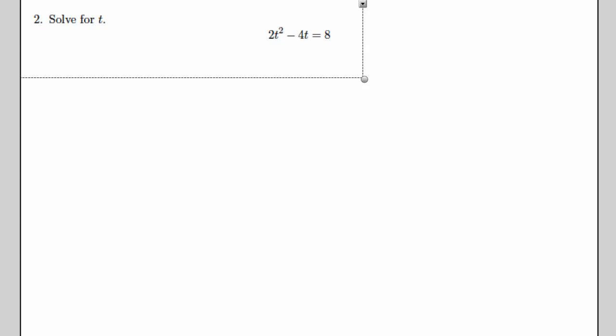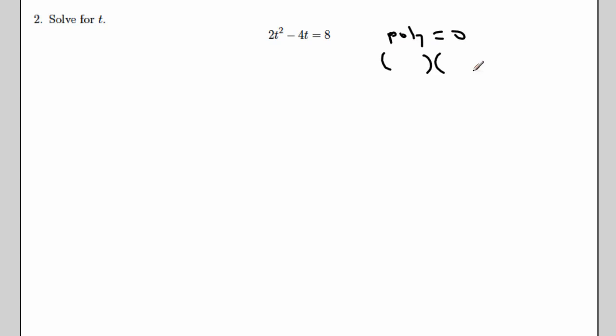So the general strategy for solving quadratic equations is really the same as the initial strategy for solving any polynomial equation. Our goal is to write the polynomial equal to 0 and then hopefully factor the polynomial into as many factors as we can, and then we can take advantage of the law of numbers that says that if a product of numbers is equal to 0, then one of the numbers has to be 0.